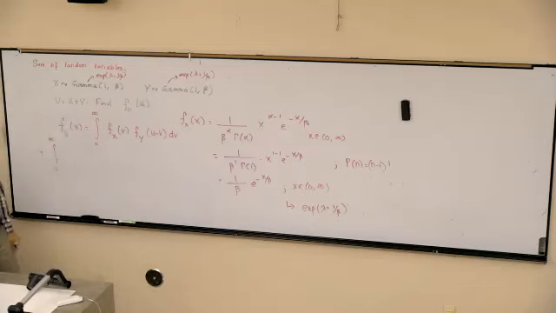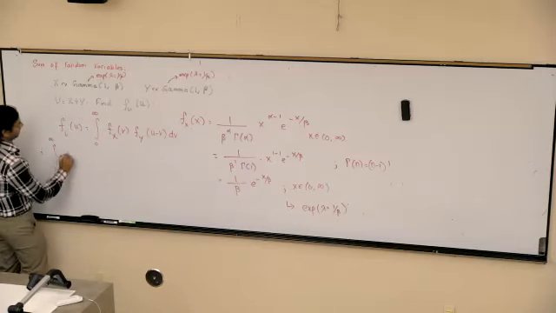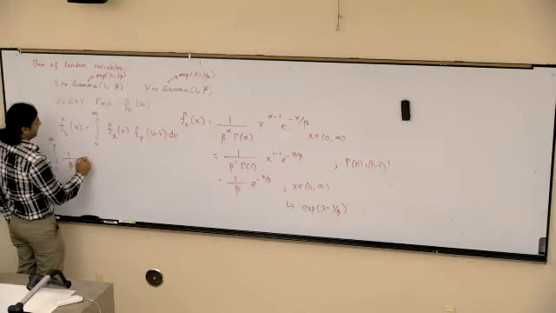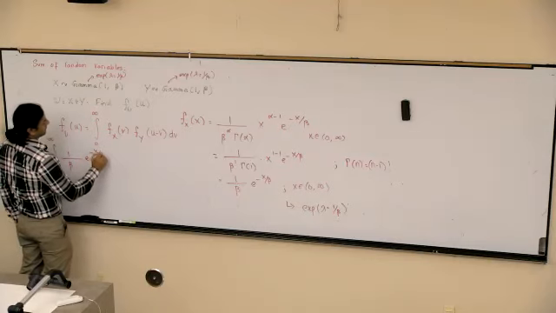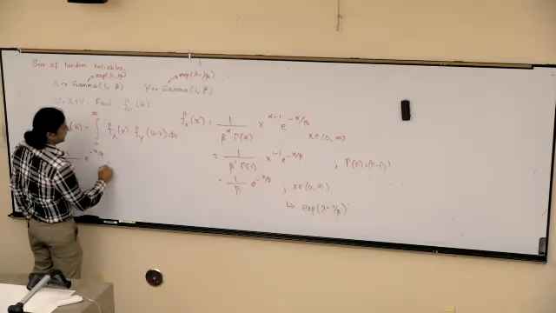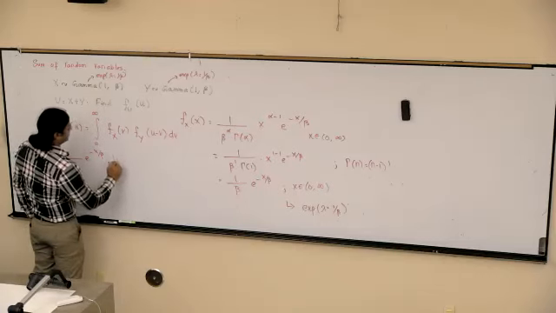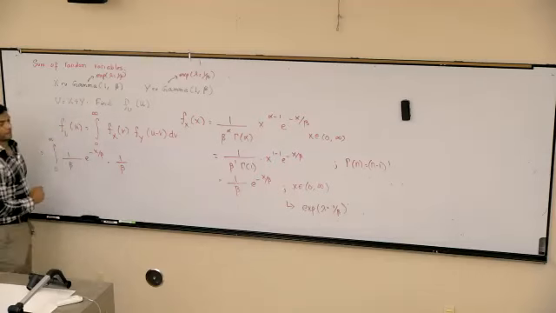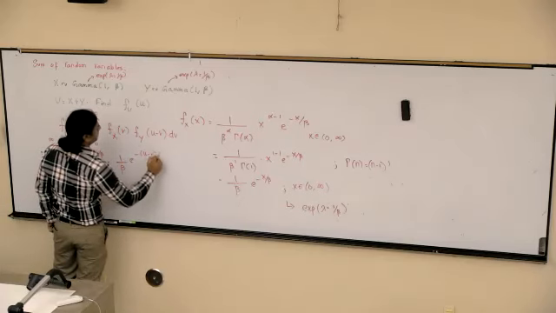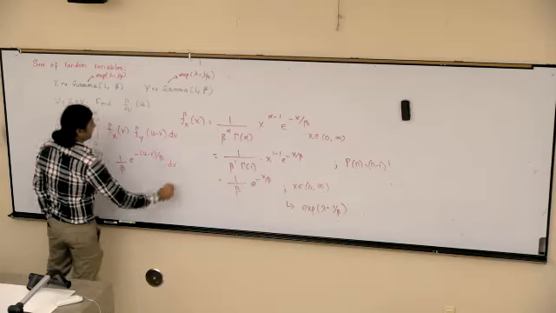Going back to what I have here, I have 1 over beta e raised minus x over beta multiplied by 1 over beta e raised minus u minus v over beta dv.